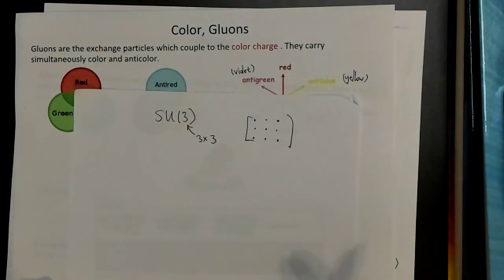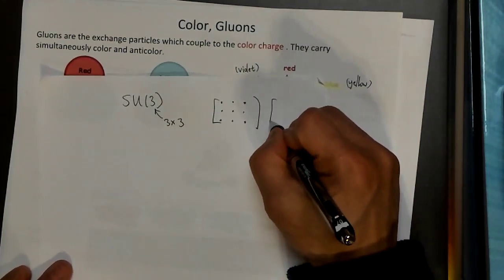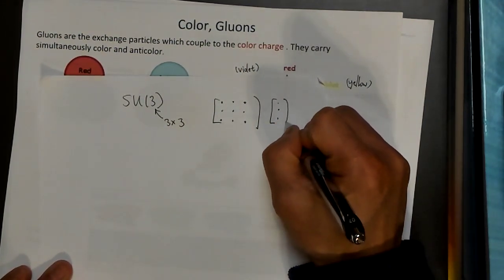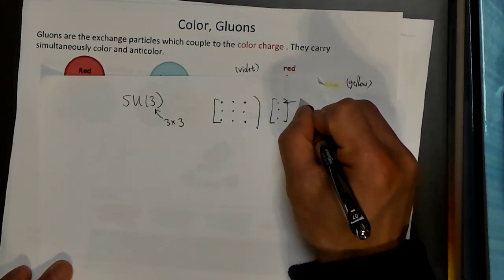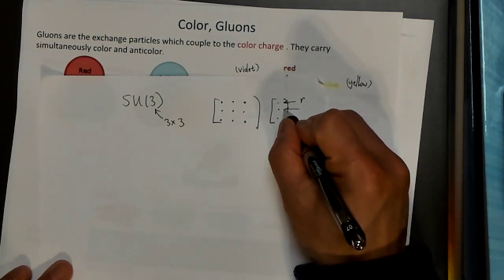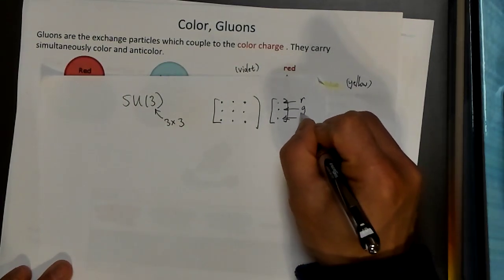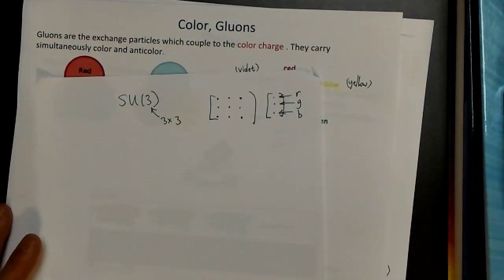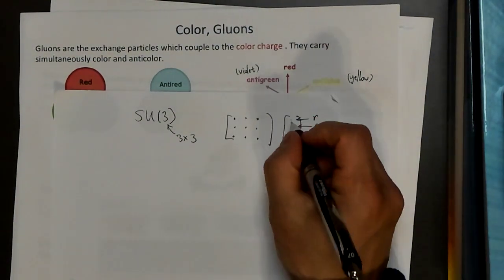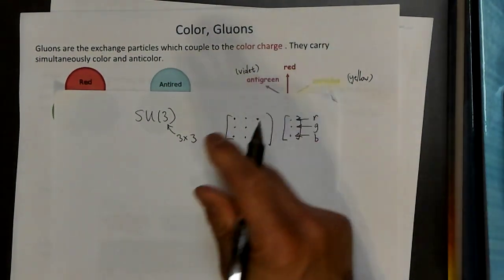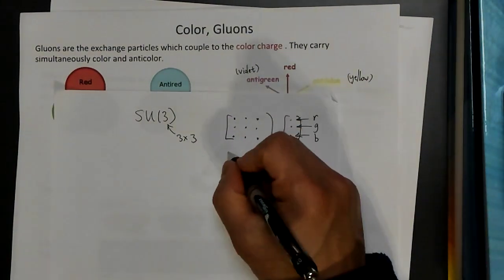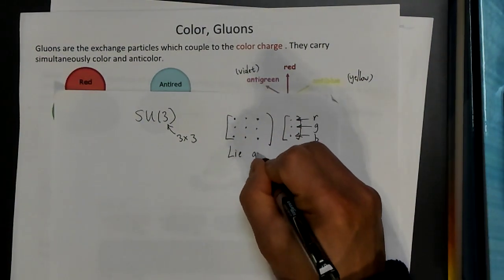And you can think of these matrices as multiplying a 3-component column vector. So you might think of these being red, green, blue, or the ordering doesn't matter, whatever convention you want. And so these are the matrices, the elements of what we call the Lie group.